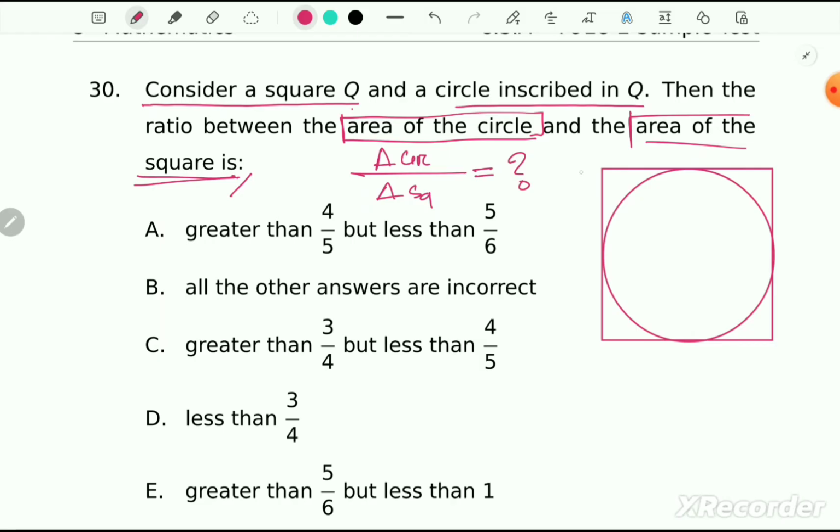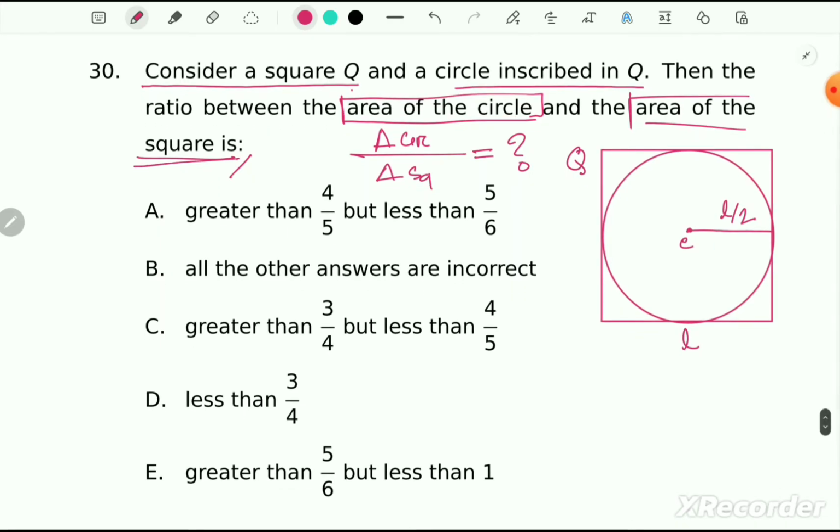First of all, let's consider Q is a square which has side length L, and a circle which has center C is inscribed inside this square. If we draw a perpendicular line on the sides, it gives us the length of the radius. So our radius is L by 2.